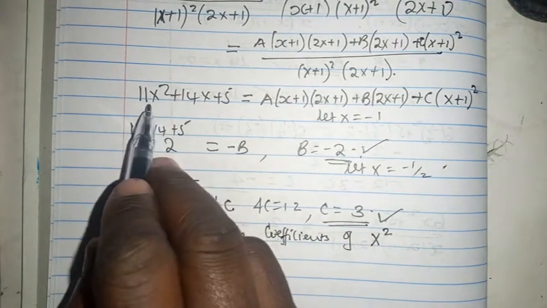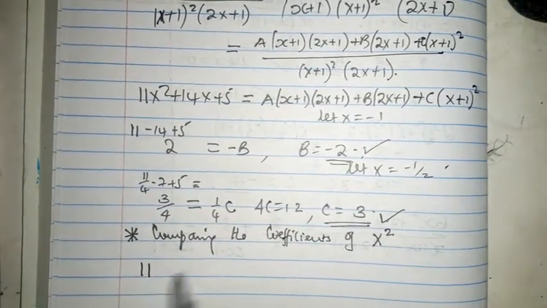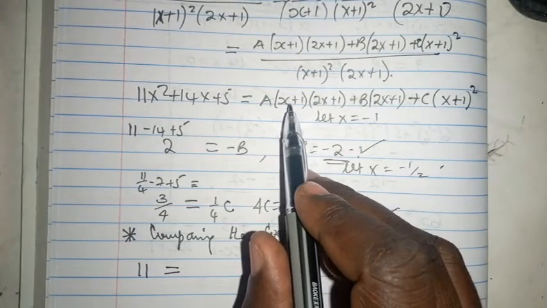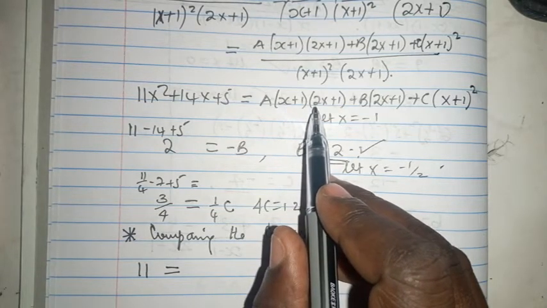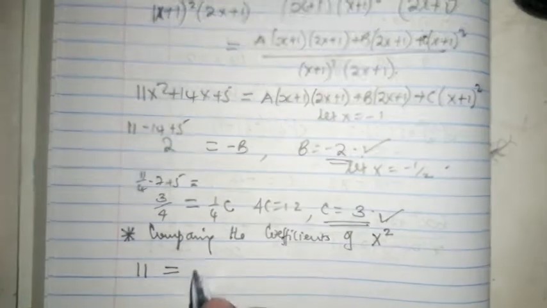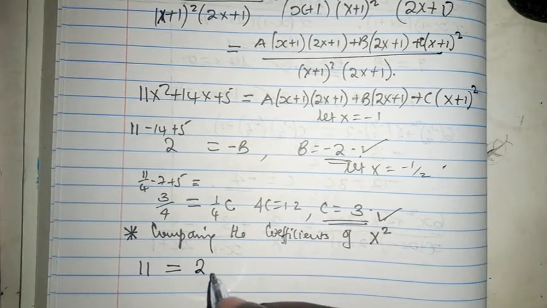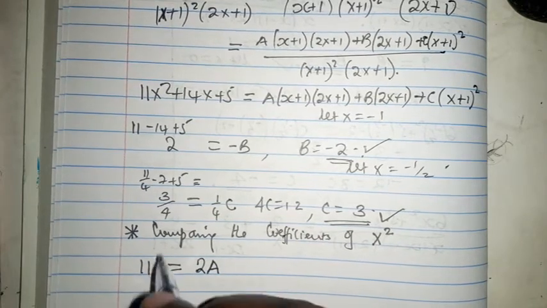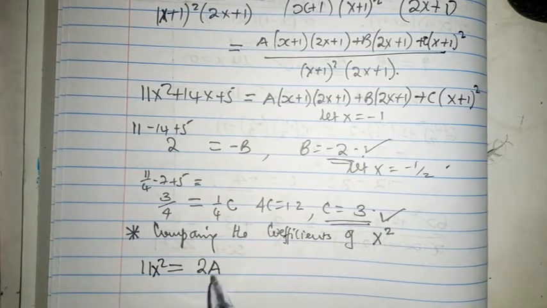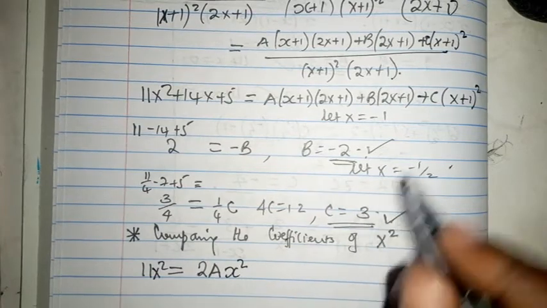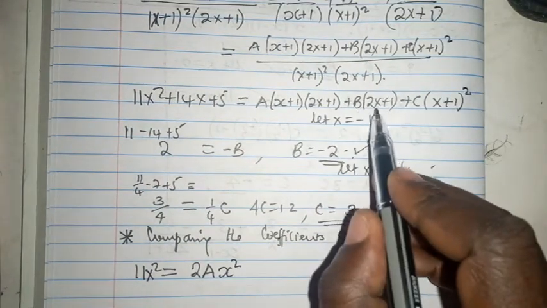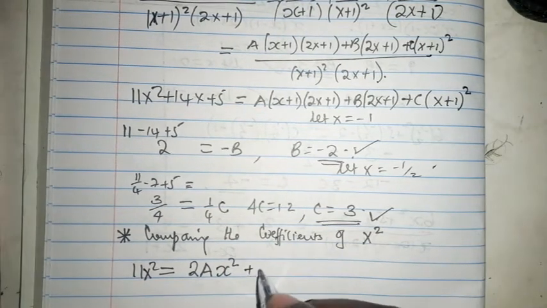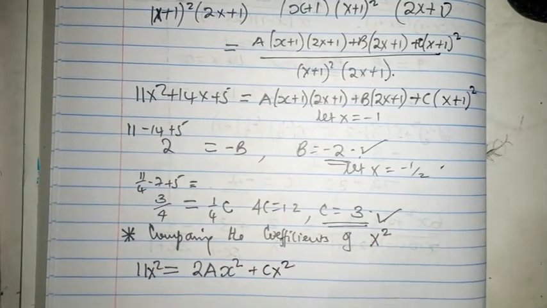And when we compare the coefficient of x squared across, we have 11 is equal to, what are the coefficients of x squared here? x times 2x, which is 2x squared times a, 2a, because we have 11x squared. We can talk about 2ax squared. There is no square here. Here there is a square because x squared c becomes plus cx squared.